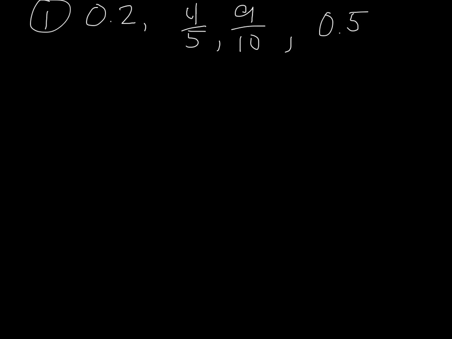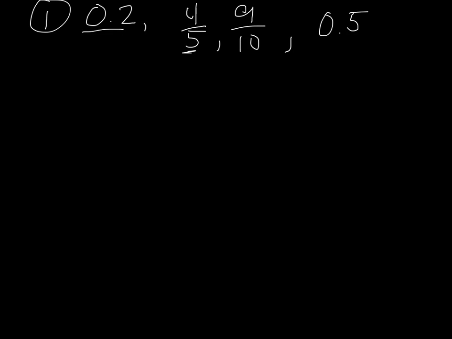Okay, so this is number 1 of this section, not of the whole thing, obviously. So I have 0 and 2/10, 4/5, 9/10, and 5/10. Okay, so I hear that they are all kind of tenths, except for this one, and I think it would be easy just to turn that one into a tenth. So what I'm going to do is I'm going to make them all fractions.